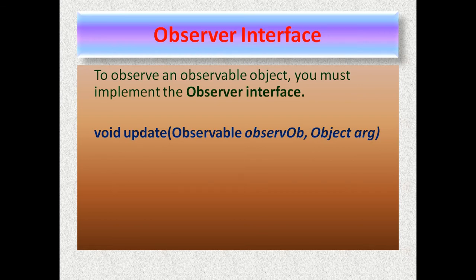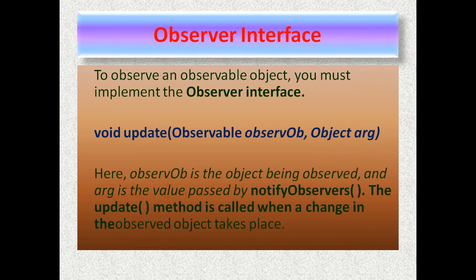One is the observable object, and the other one is an object class parameter. Here ob is the observable object, the object being observed, and the second argument is passed by notify observers, a method in the observable class.